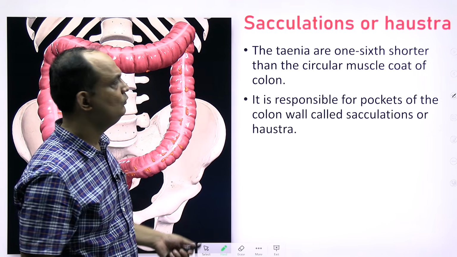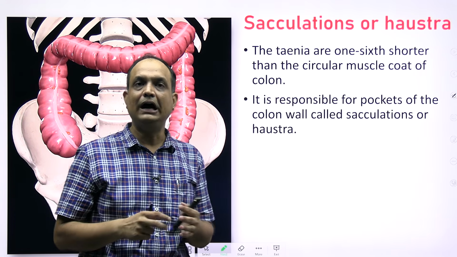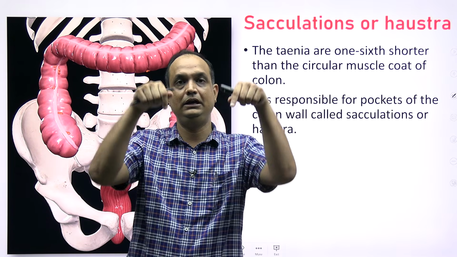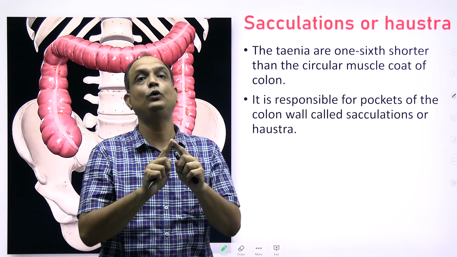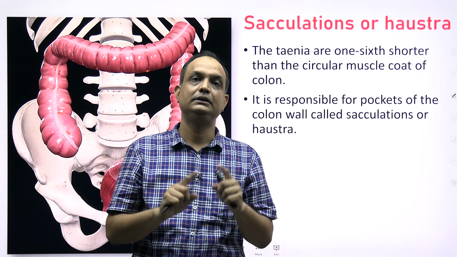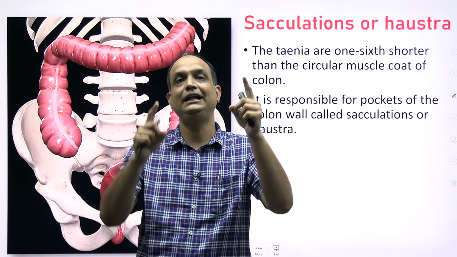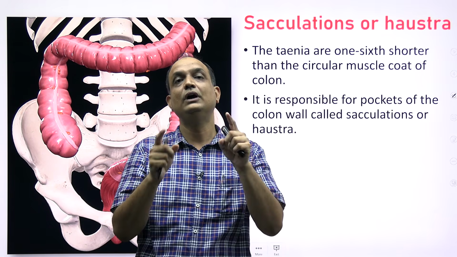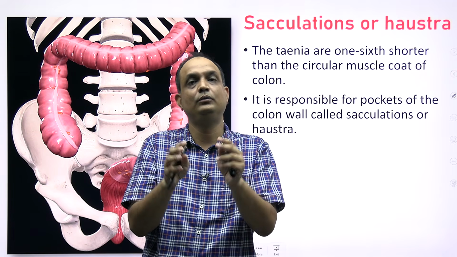Now, what is sacculation? This is the second characteristic feature. You have to understand that there are two muscle layers, a circular muscle layer and a longitudinal muscle layer. Both muscle layers should have equal length, but if the length of the circular muscle layer is higher and the length of the longitudinal muscle layer is shorter, then what will happen? You have to adjust a big pipe into a small pipe.